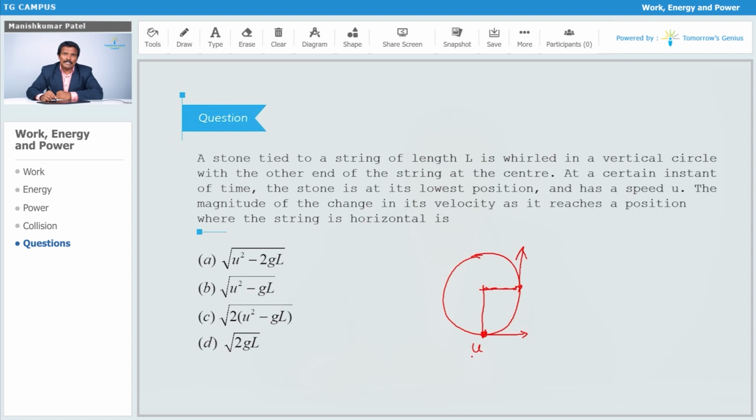Initially, the energy is the kinetic energy half mv square. Then this is mgl plus half mv square. Let's say this is u, and this is v.